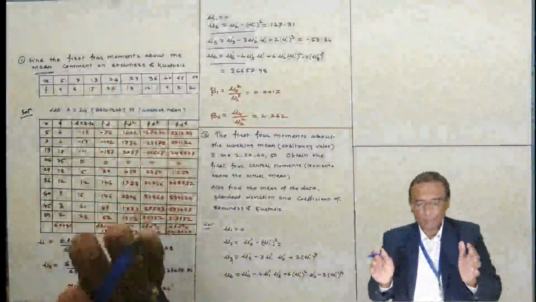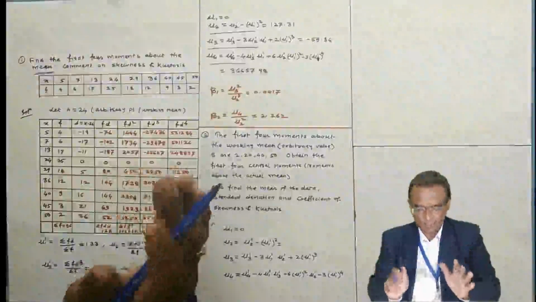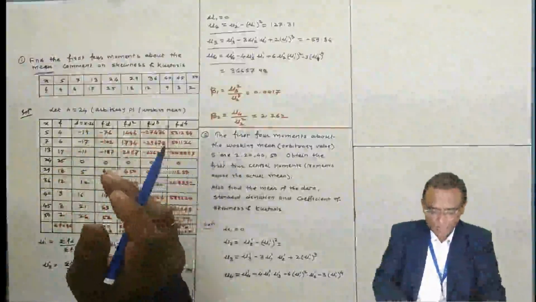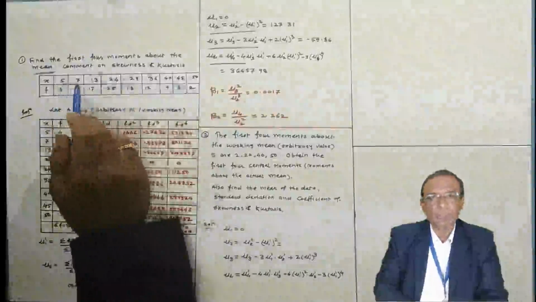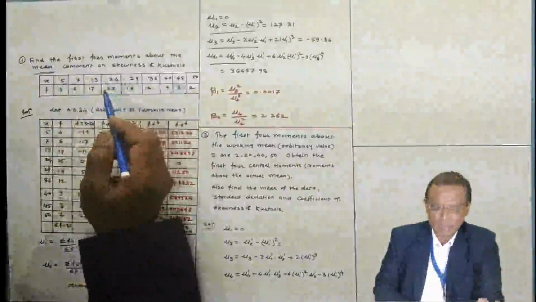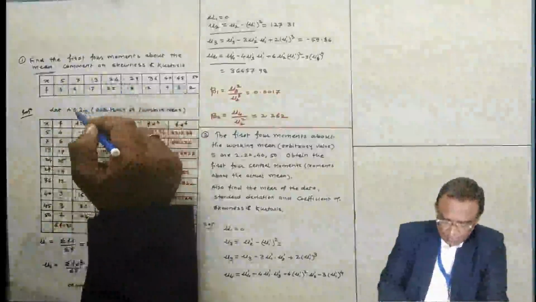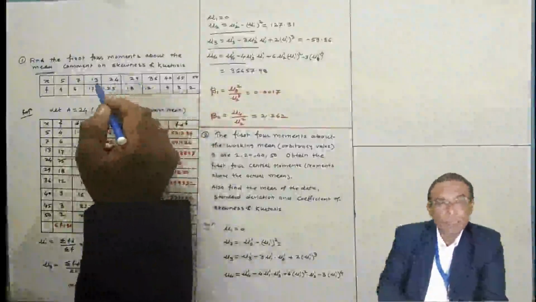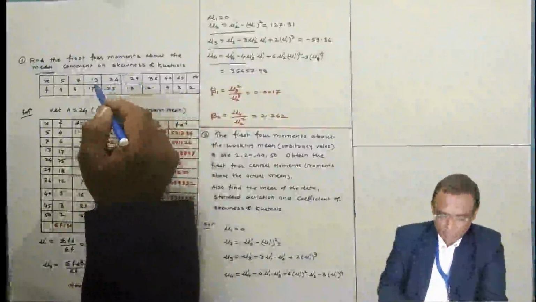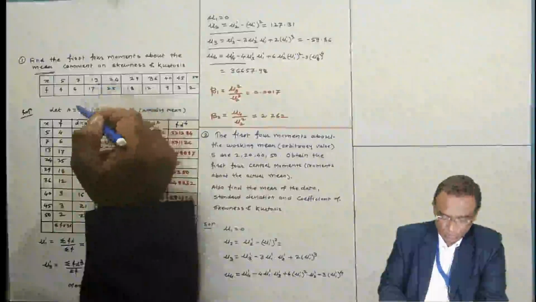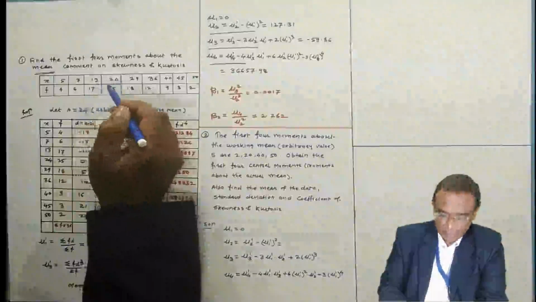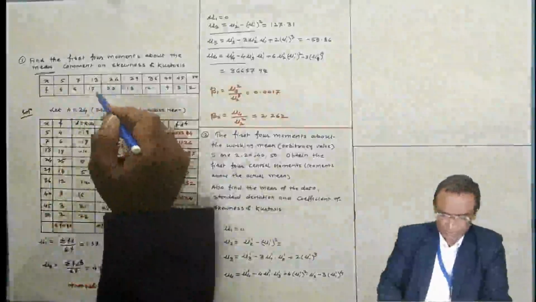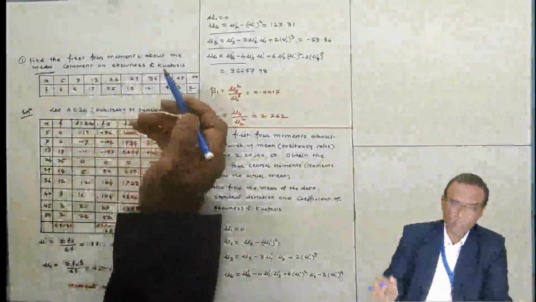If it is not given, just try to choose the entry which is in between. But it is not mandatory, because instead of a equal to 24, you can take a equal to 29 also, or a equal to 13 also. But for better accuracy, if you take the middle value as far as possible, then it will be good. But you can take a equal to 24, 29, 13, or 36, any point.